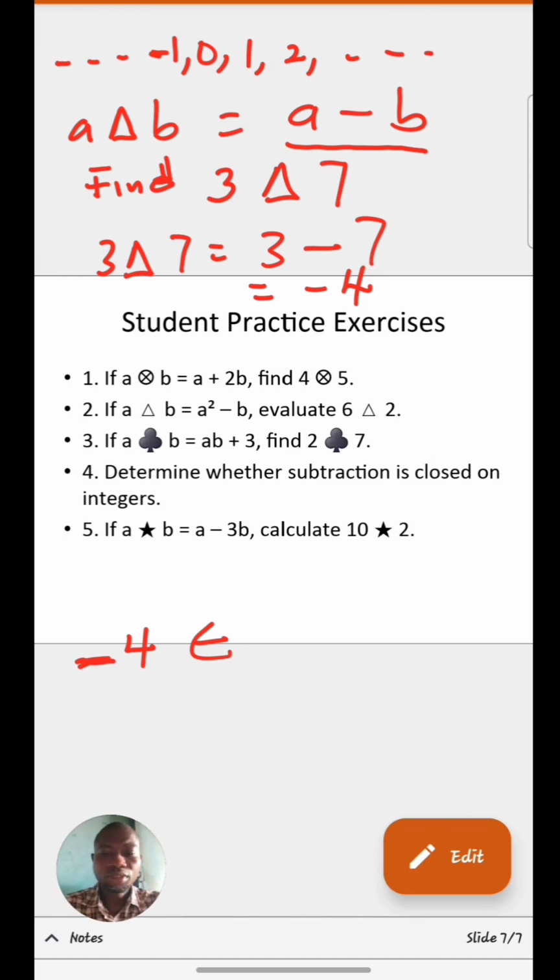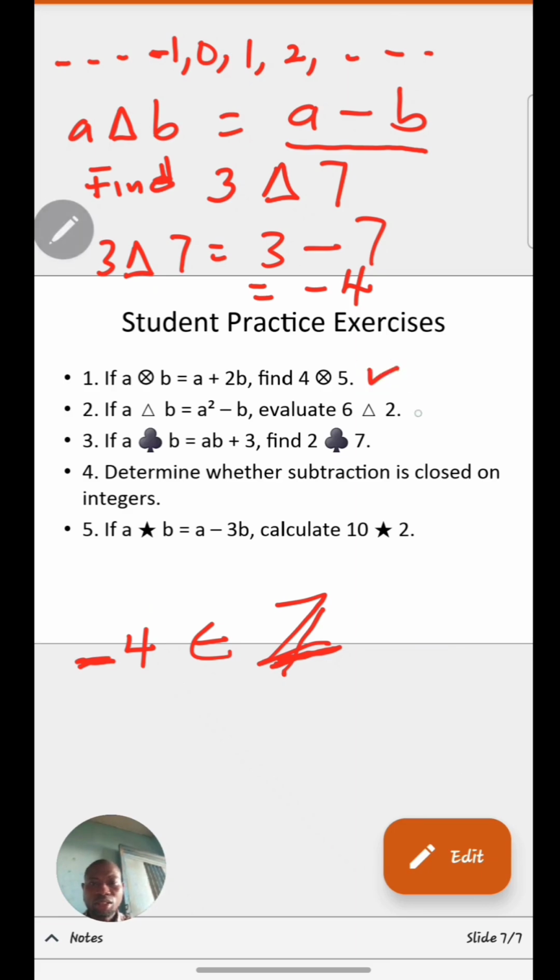I told you the sign of integers is Z. So you have to practice number 1, number 2, number 3, and number 5. That is on closure.